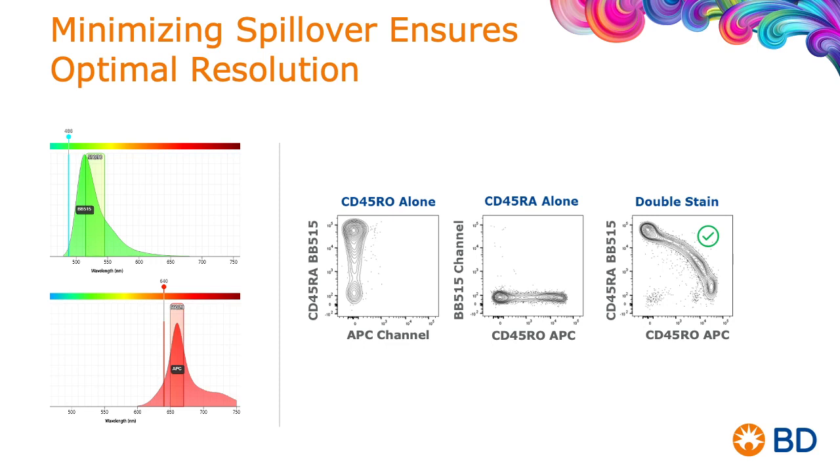And that's visualized in the plots to the right of the spectrum, where you can appreciate CD45RA BB515 on the y-axis when single stained, no spread into APC. Now CD45RO APC, there is no spread into the BB515 channel in the middle plot. And when we perform a double stain, we get a beautiful resolution of every population and intermediate population.